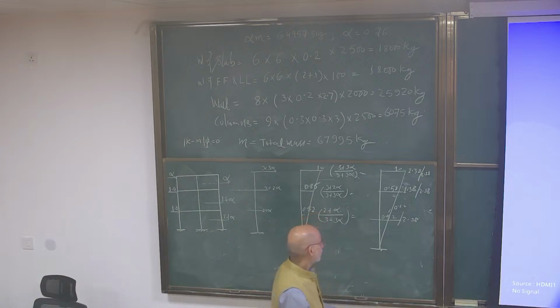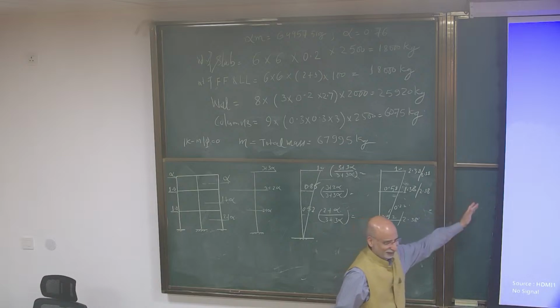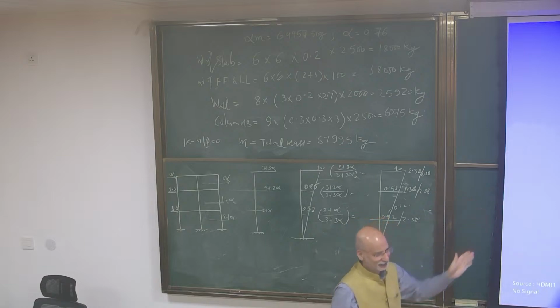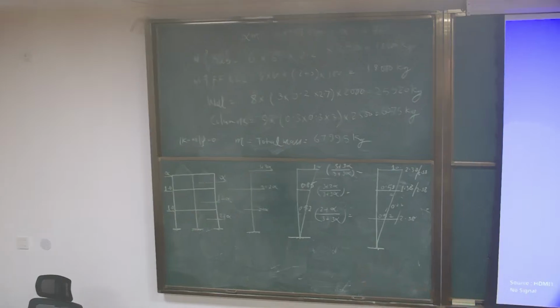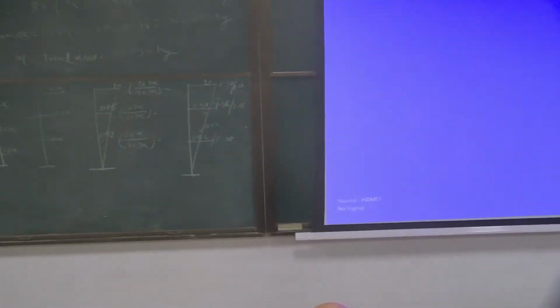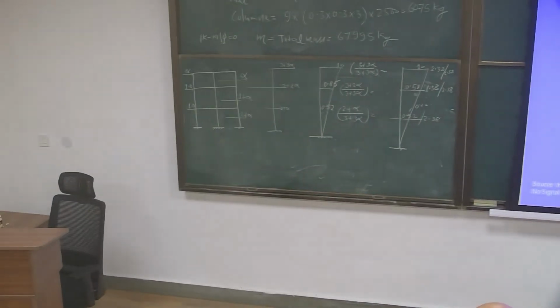So that means the difference is still coming. So you can still go on iterating, until the difference between the two numbers is very small. Then you can stop and say this is my fundamental mode shape. First mode is there. And why are we concerned with the first mode in a building?